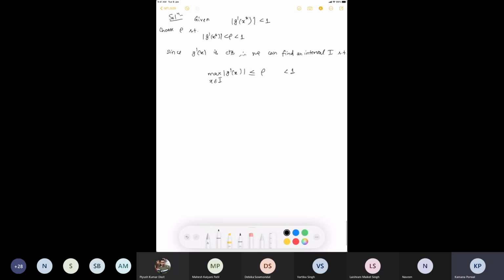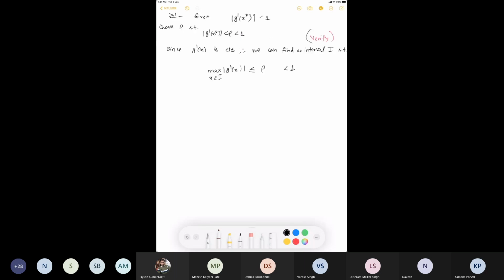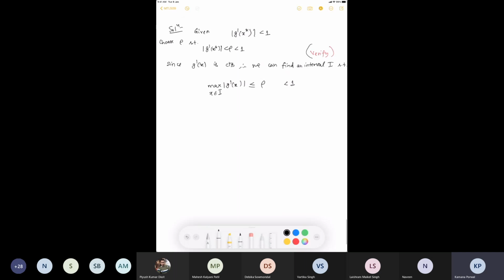Okay, so I want you to verify this statement. And let's call this I to be an epsilon neighborhood of x star. This is an epsilon neighborhood of x star.